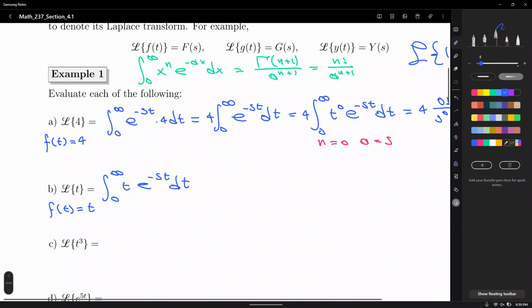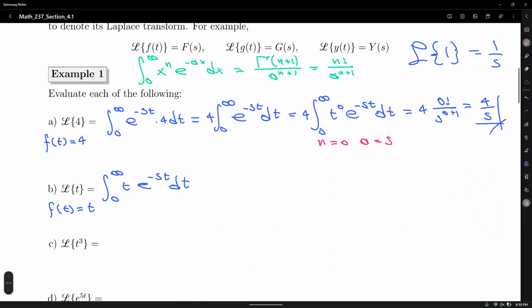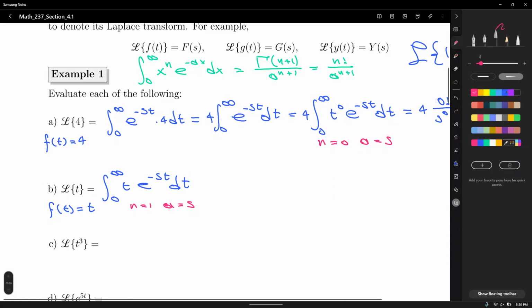That being said, here we have n equals 1 and a again equals s. A will always be s. Technically it's a variable, but we will take it as a constant.